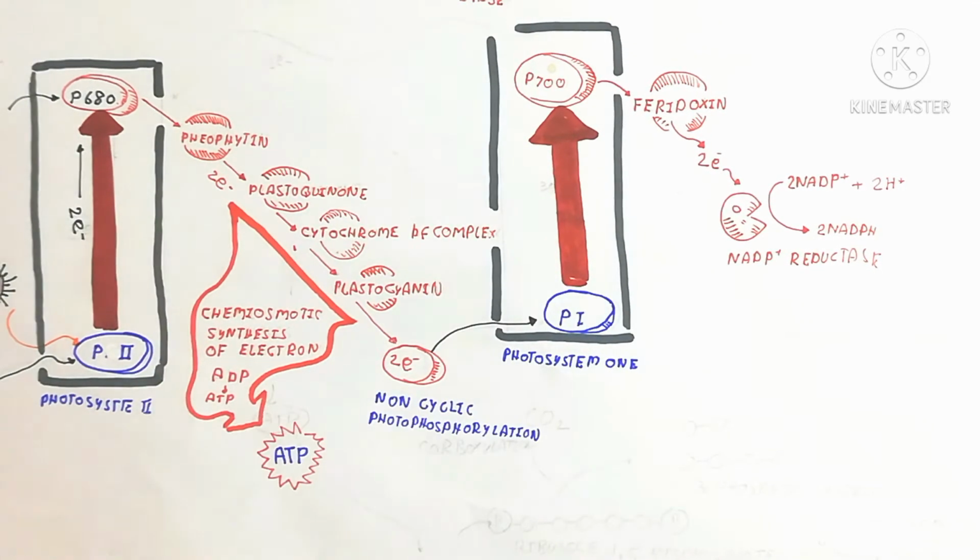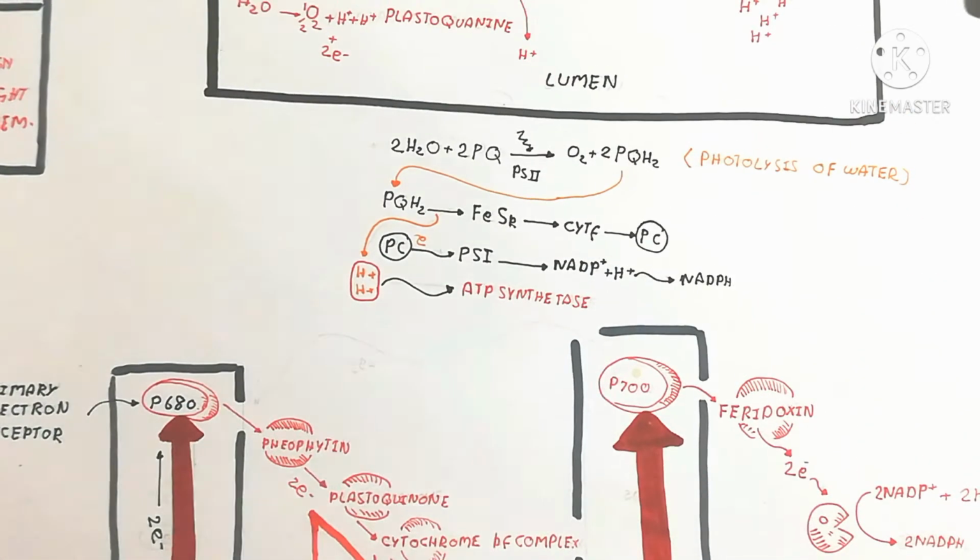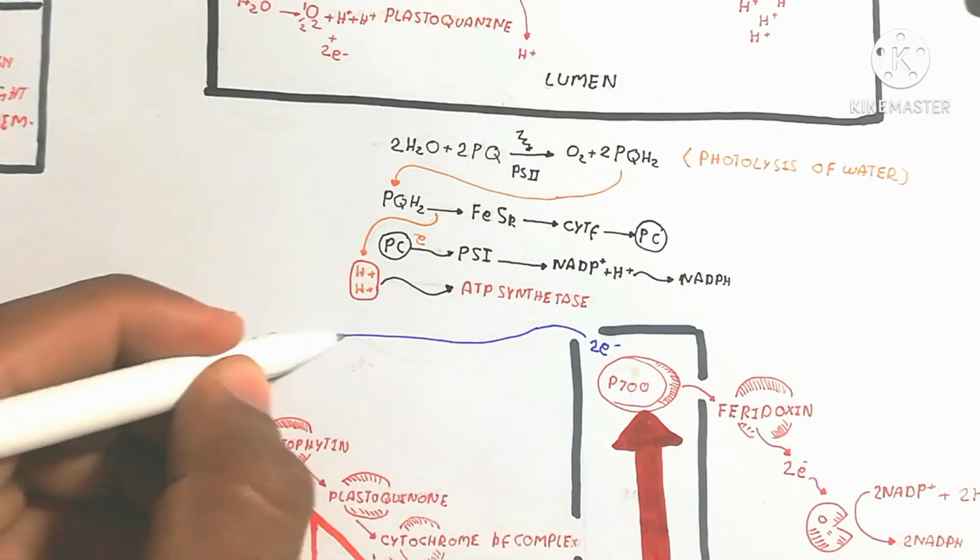This NADPH, as well as ATP, is used for the Calvin cycle.